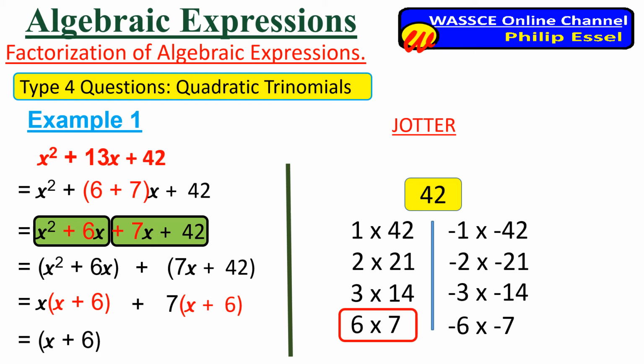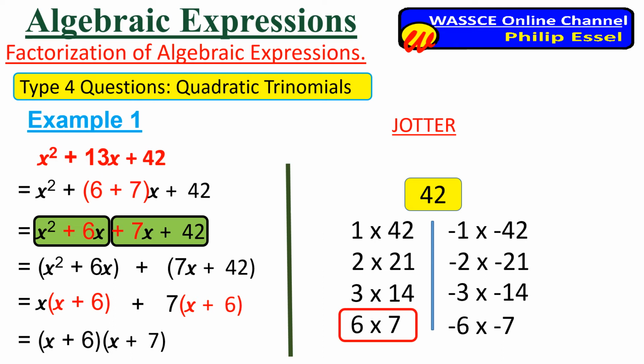Then the items outside of the bracket too, we are going to put them together into one factor. So the first item out of the bracket is the x, the second out of the bracket is the positive 7. So we'll write x plus 7 as one factor.